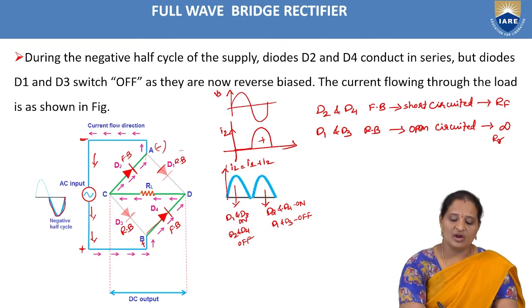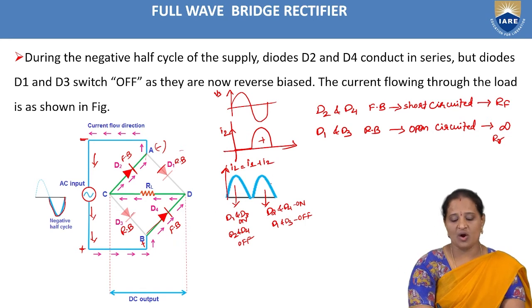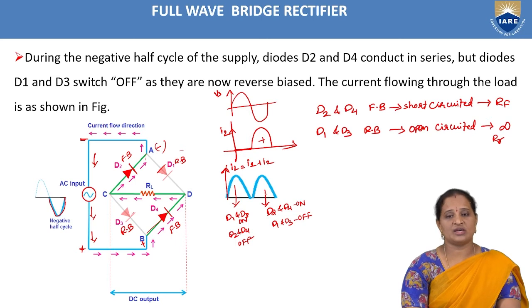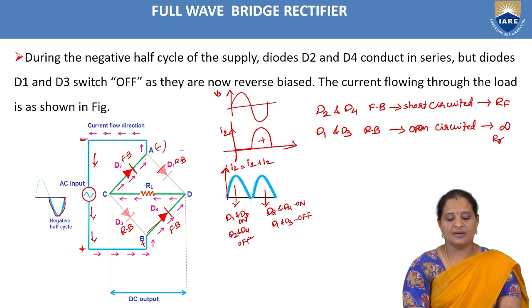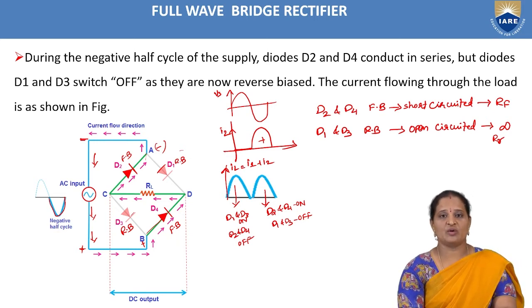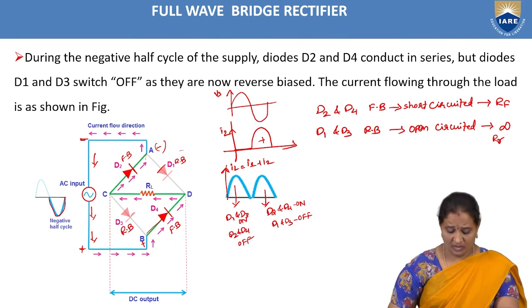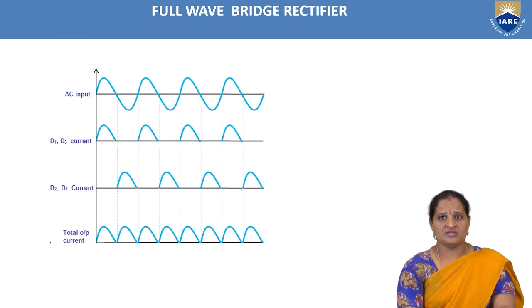So we have only a positive half cycle of current through the load resistor during both positive and negative half cycles. As the current has only positive half cycle, the output voltage across the load resistor will also have only positive half cycle. So here this is the direction of current flowing through the load resistor during the negative half cycle of input voltage. Now here these are the waveforms.